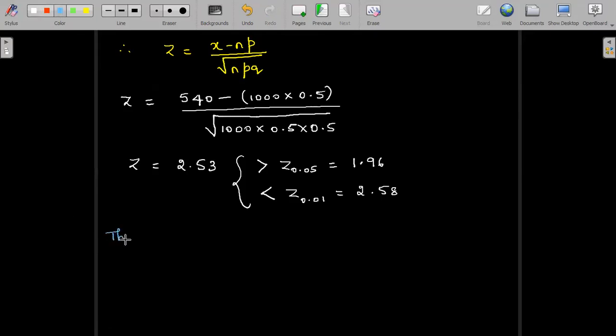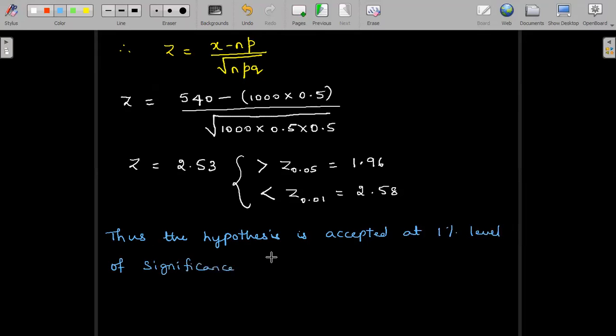Thus, the hypothesis, that is H naught, is accepted at 1% level of significance and rejected at 5% level of significance.